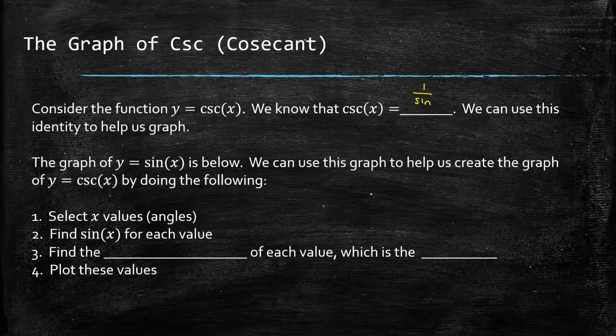So we can use that to help us identify the graph. And the graph of y equals sine x is shown on the next slide. And we use this graph to help us create the graph of cosecant. So we select our x values, find the sine of x for each value, find the inverse of each value, which is the cosecant.